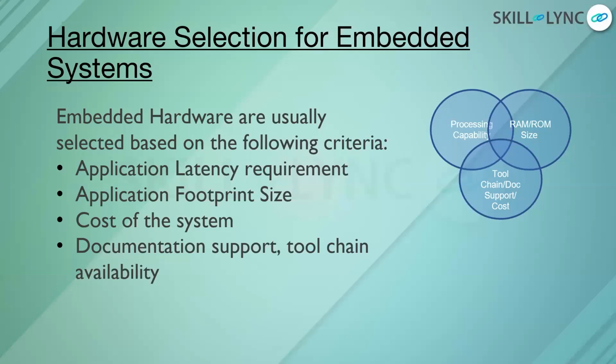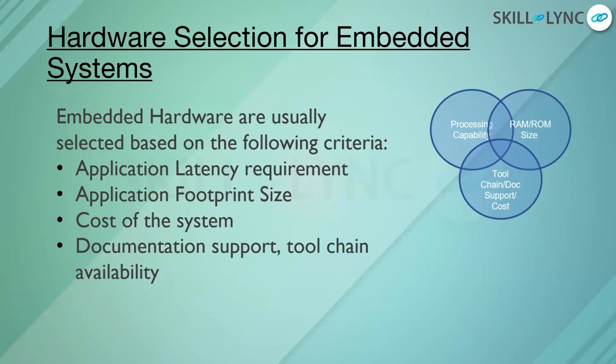So embedded hardware is usually selected on the following criteria, as I told you. Application latency requirement. Here the term latency means the time taken for execution of one complete cycle of the software that is residing in the controller. And application footprint size.